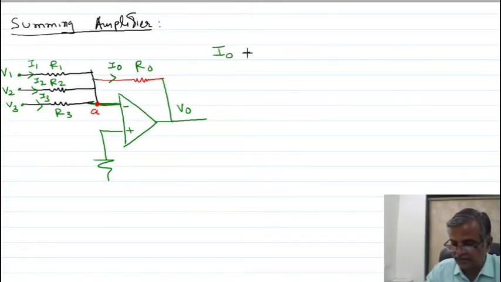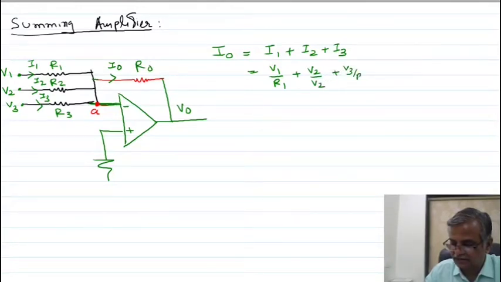That is, I0 is equal to I1 plus I2 plus I3. We can write I1 is V1 by R1, I2 is V2 by R2, I3 is V3 by R3, and this point behaves as a virtual ground.